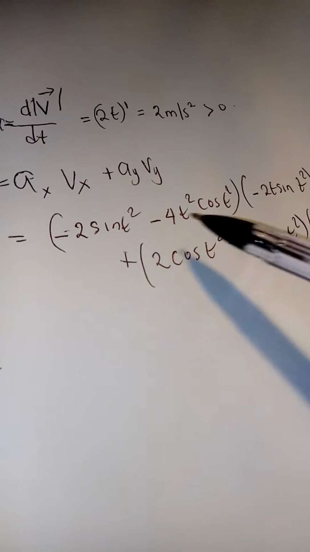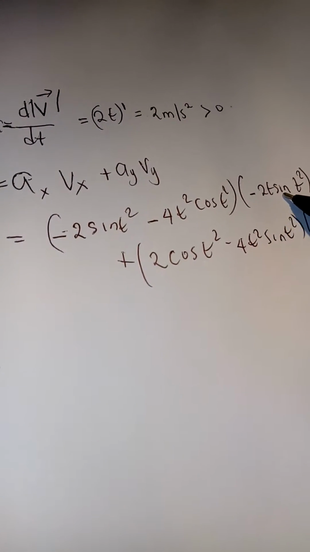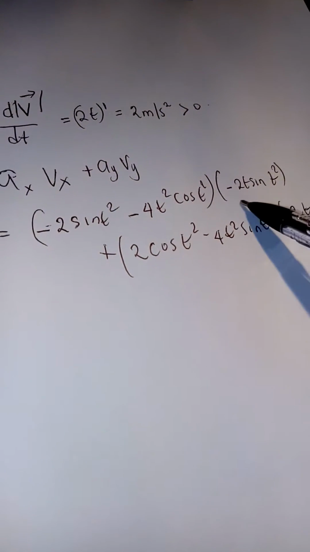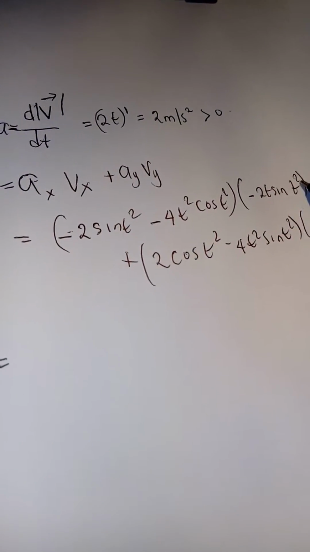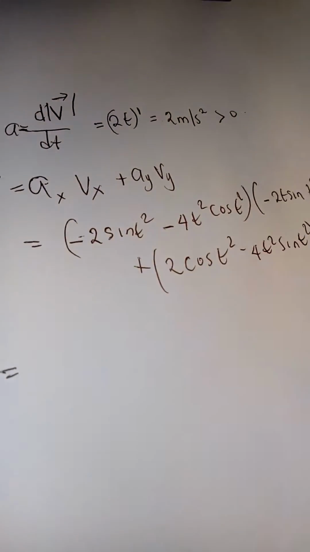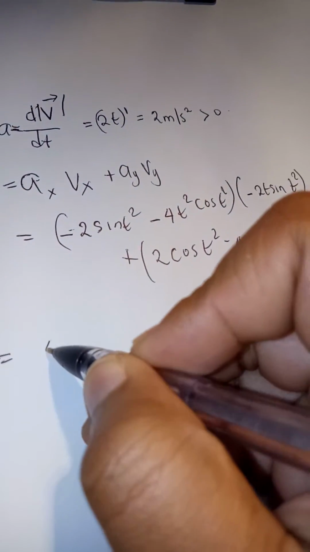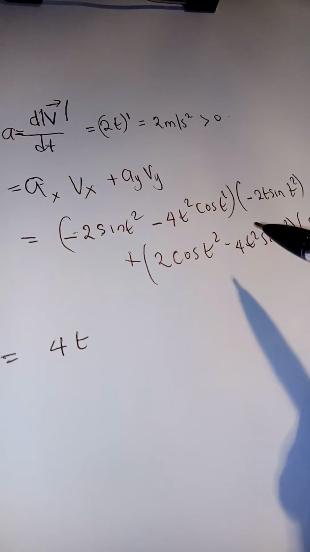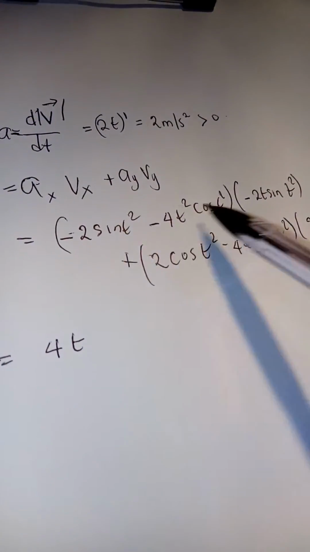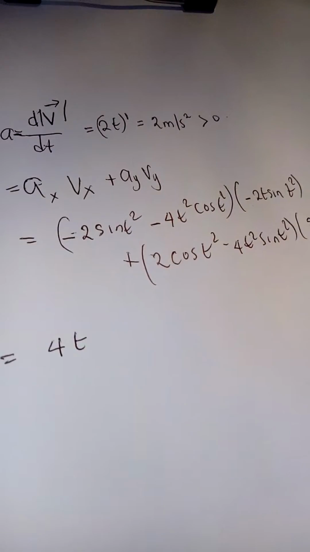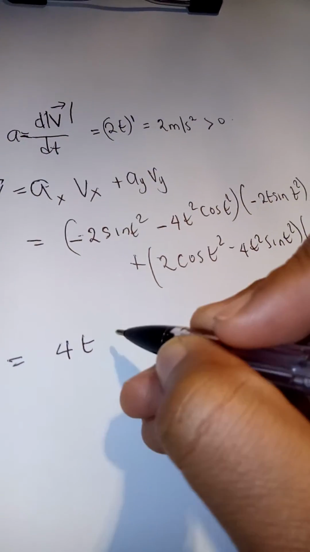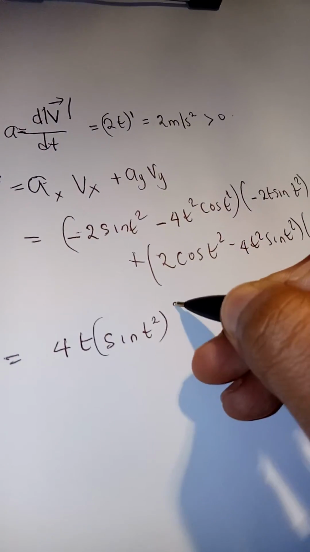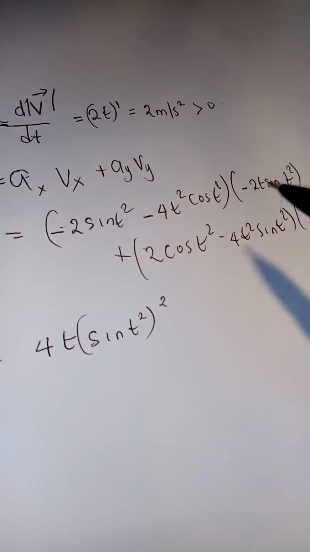If I do that, I'm going to have 4t, sinus t square, everything square, because it's sinus t square times sinus t square.